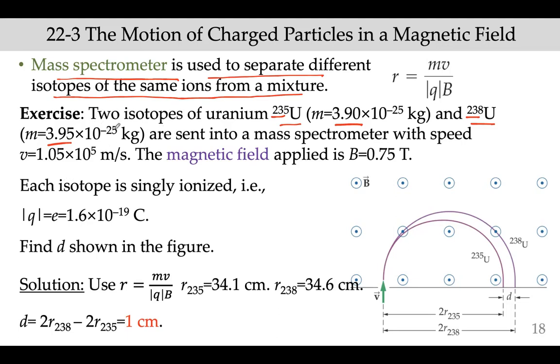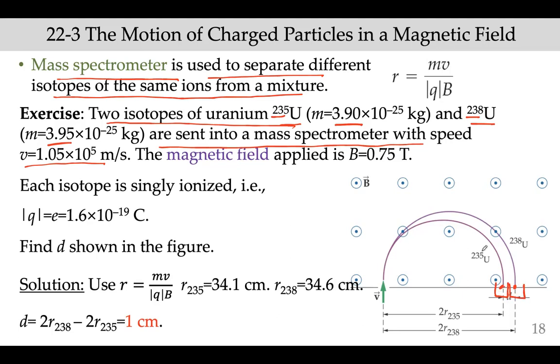So in this exercise, you have, let's say, 2 isotopes of uranium, and they are sent into a mass spectrometer with speed 1.05 times 10 to the 5th meters per second. What is the reason for doing this? You send them in at this point, and they will end up at different points, so that you can put some collectors at these 2 different points.